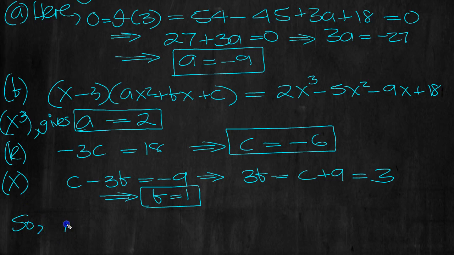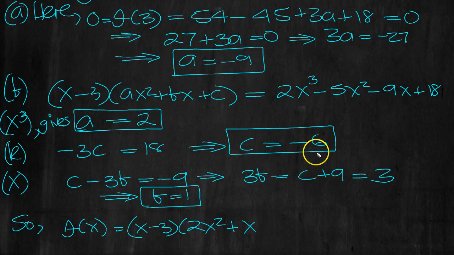So f of x then is equal to x minus 3, a x squared, now it's 2x squared, plus 1 x, and then c is minus 6, isn't it? a, b, and c. And we're factorizing it, aren't we?